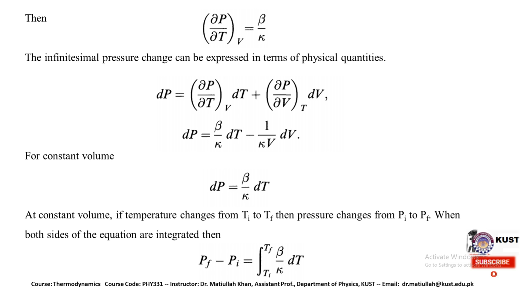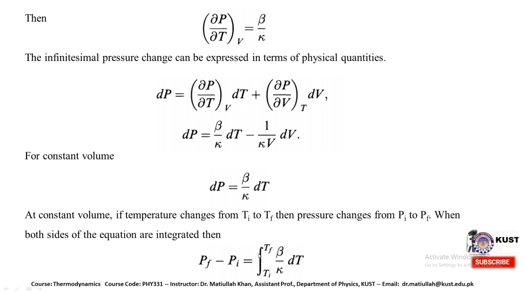If we consider beta by kappa to be a constant quantity, actually it varies, but for a very small change in temperature, maybe 10 or 15 degrees centigrade, there is no reasonable change in the values of beta and kappa, so it is considered constant.